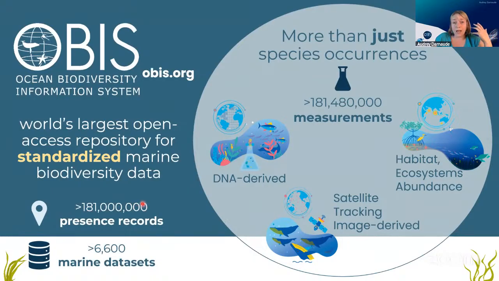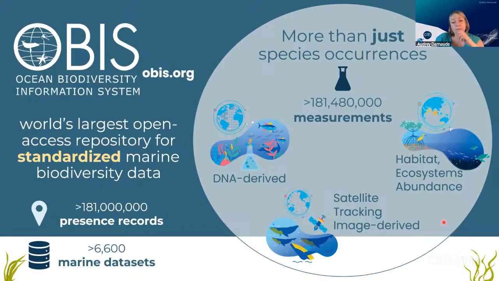And you also have on OBIS other different types of measurement data, including DNA-derived data, satellite tracking and image-derived data, and also information on habitat, ecosystem, and species abundance. And what is important is that all this data, including that gathered by the GOOS BioEco observing community, is now standardized to an international data standard called Darwin Core.